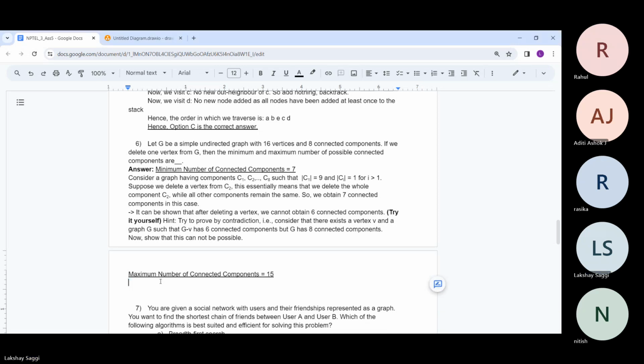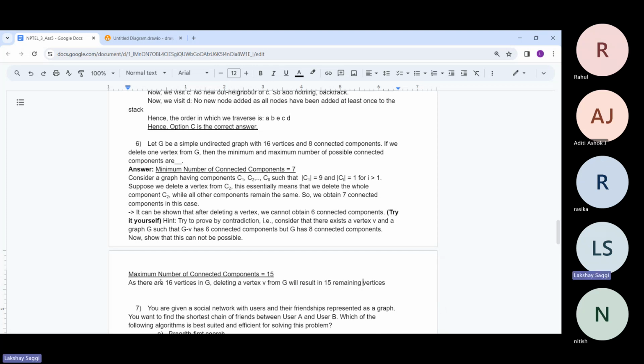So as there are 16 vertices in G, deleting a vertex v from G will result in 15 remaining vertices.